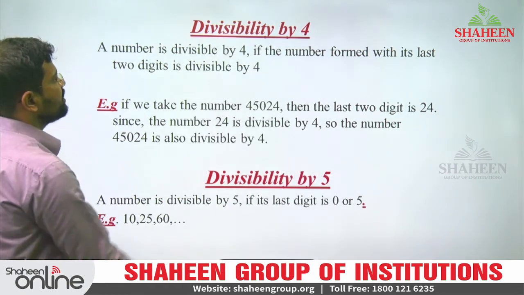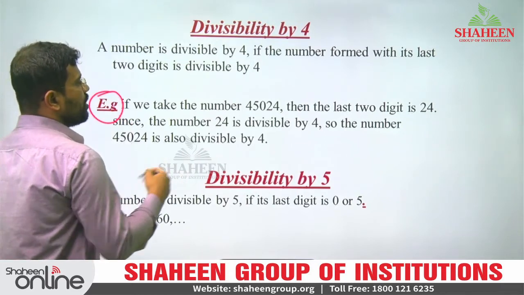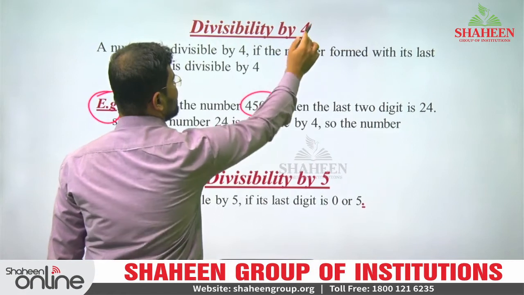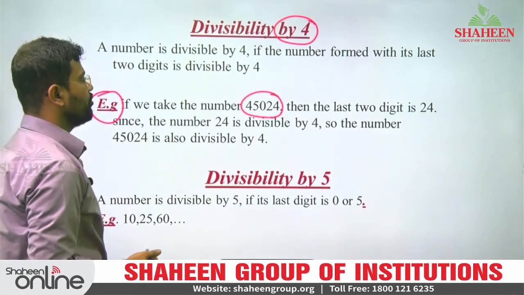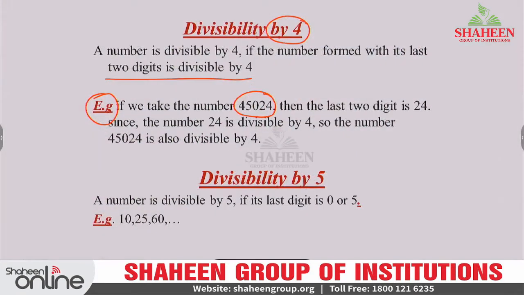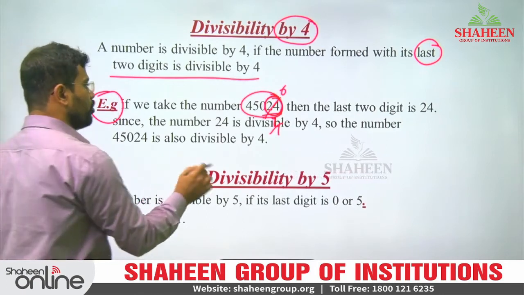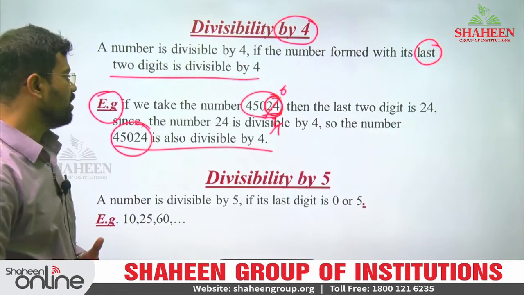Now next, let us see when a given number is divisible by 4. Look at here, if its last 2 digits are divisible by 4, this we need to understand. 4 into 6 is 24, over. Then the last 2 digits are 24. If that is divisible by 4, the entire given number 45024 is divisible by 4.